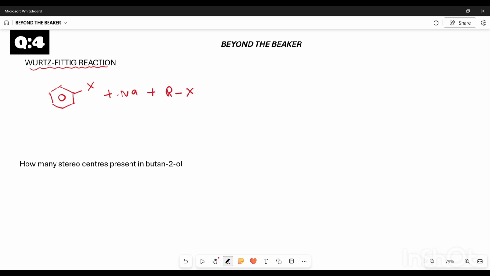Aryl halide and alkyl halide react with metallic sodium in presence of dry ether, and we are getting alkyl arene.